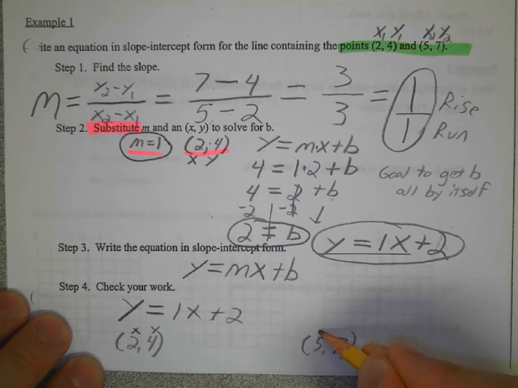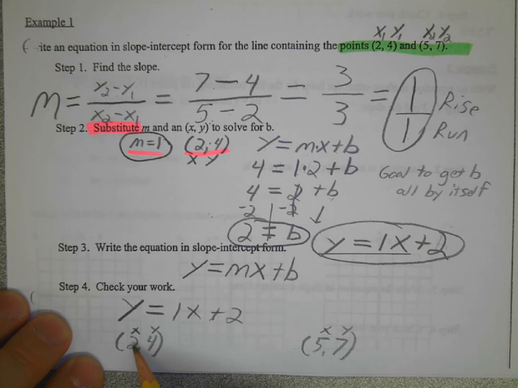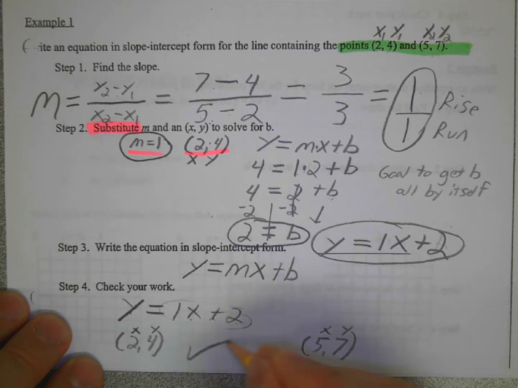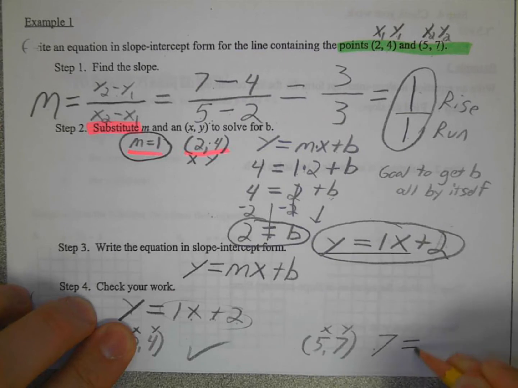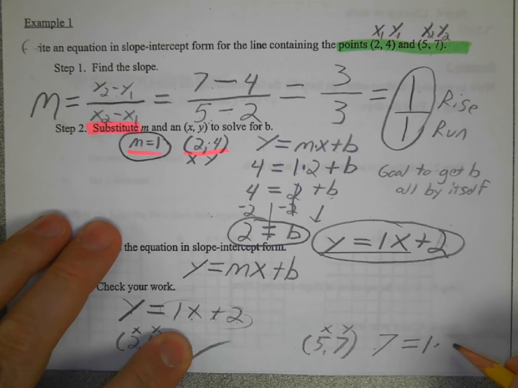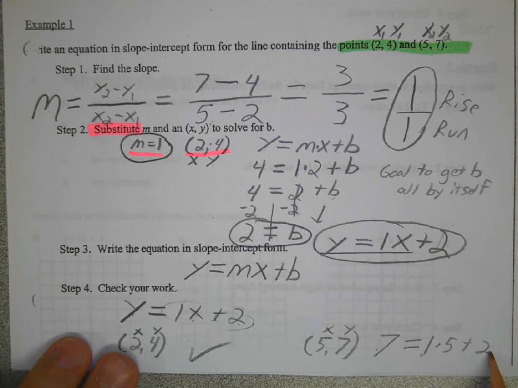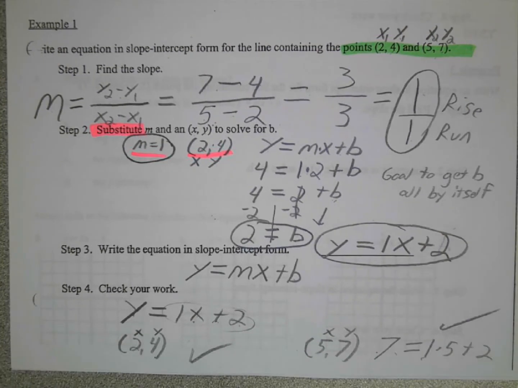So 1 times 2 is 2, plus 2, that's 4. This right here equals 4. It checks out. Let's try it over here. y is 7 equals 1 times 5 plus 2. So 1 times 5 is 5, plus 2 equals 7. It checks out.